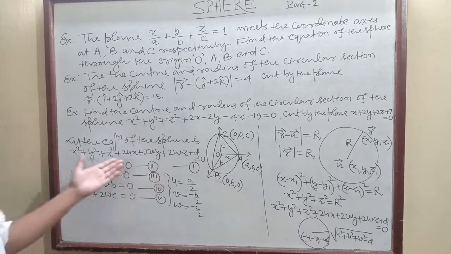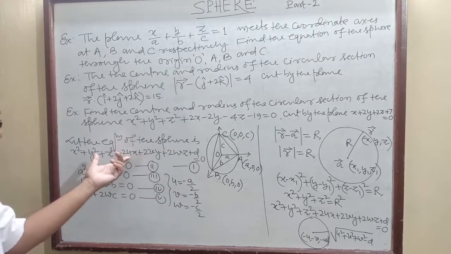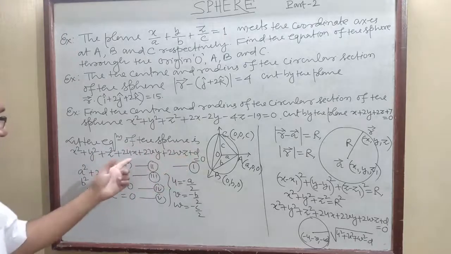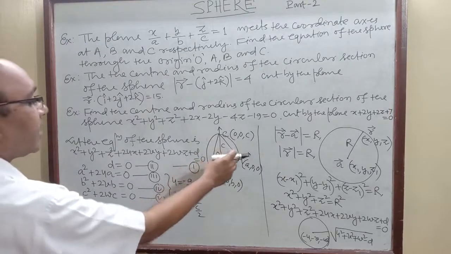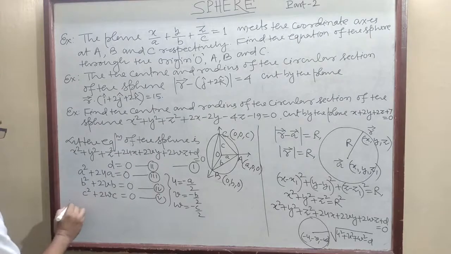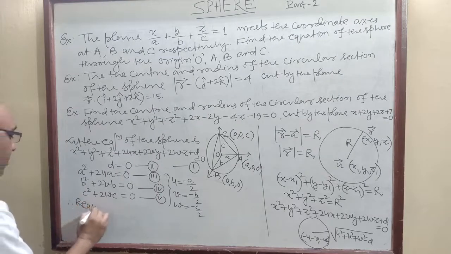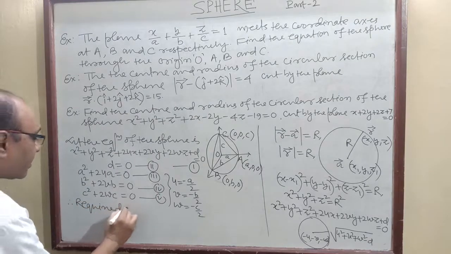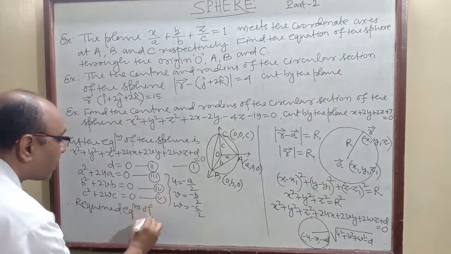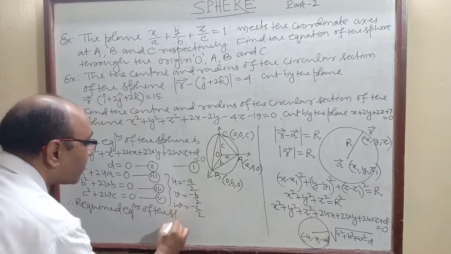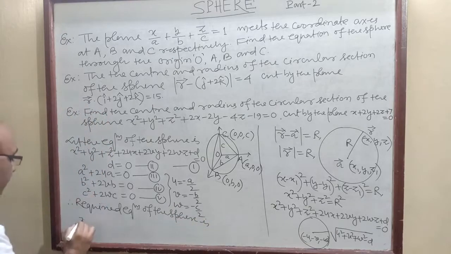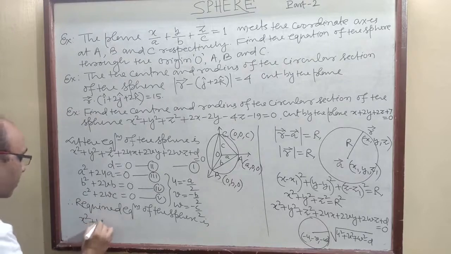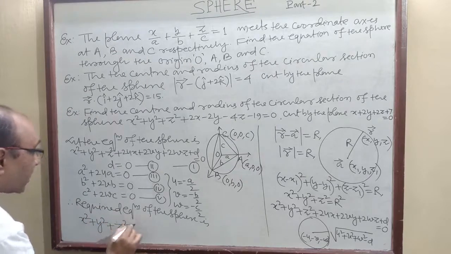So we have got now u, v, w as well as d. Let us substitute these values in equation 1 to get the required equation of the sphere which passes through O, A, B and C. Therefore the required equation of the sphere is x square plus y square plus z square.